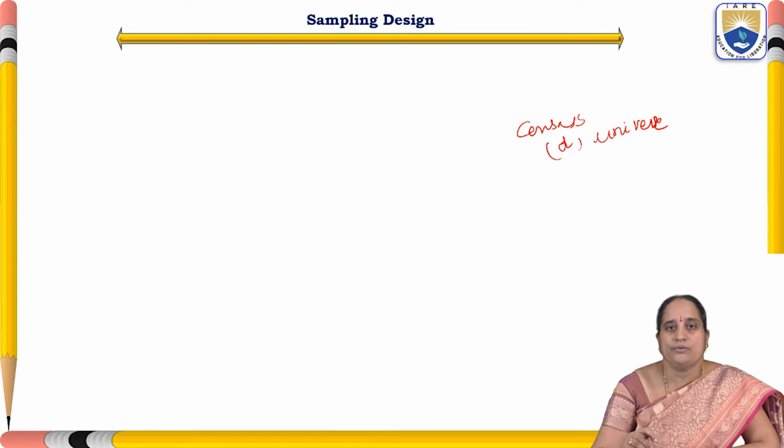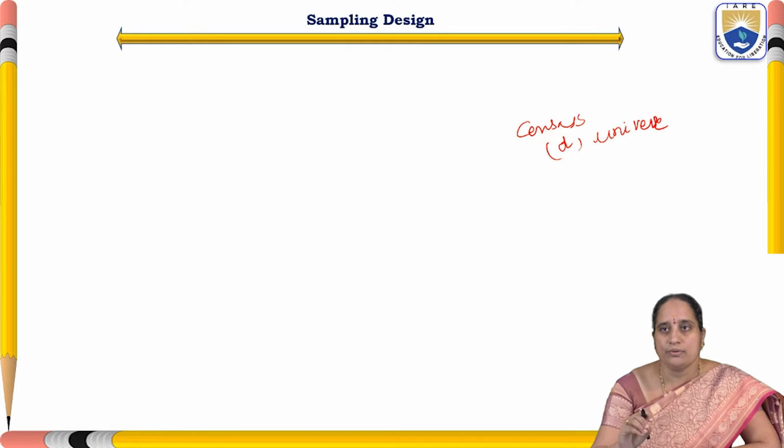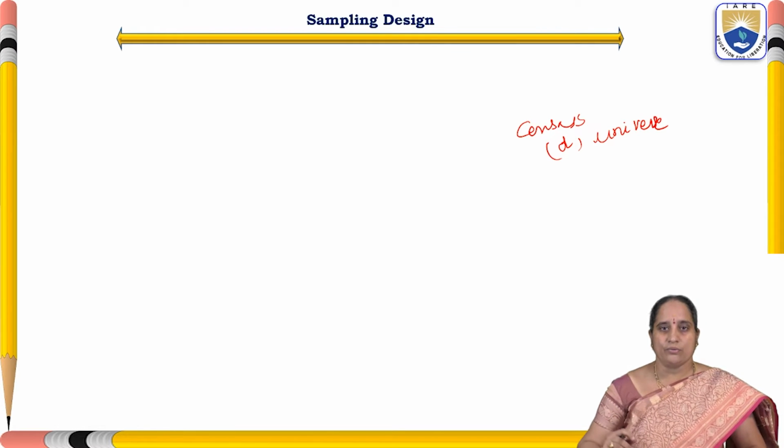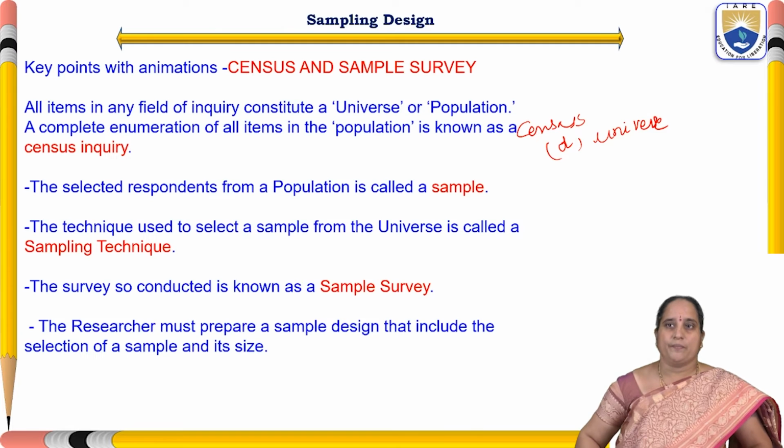It is also known as universe or a census inquiry. Whenever you want to find out about population details, we conduct a census survey. It means that we include each and every human being who resides in a particular country. That is known as census inquiry, or complete enumeration.